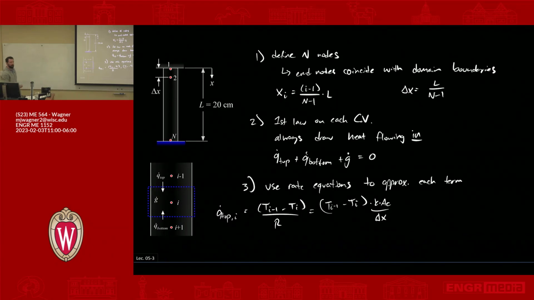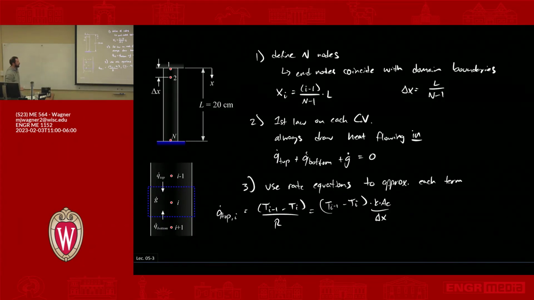Right, does everybody see where that came from? This here is 1 over resistance. Thickness or length over KAC is the resistance. So 1 over that is our resistance here. And it's between the two nodes. So delta X is the distance that we're conducting. And AC, I know people are going to mess this up, but AC is the area that's normal to the direction of flow.